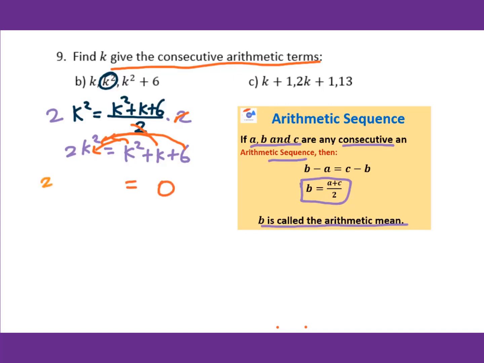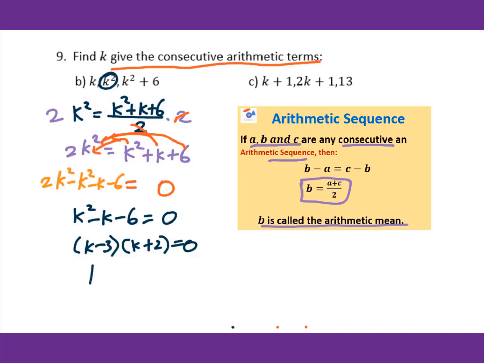So we get 2k squared minus k squared minus k minus 6. Combine like terms, we got k squared minus k minus 6 equal to 0. Factor: k minus 3 times k plus 2 equal to 0. So k1 equals 3, k2 equals -2.